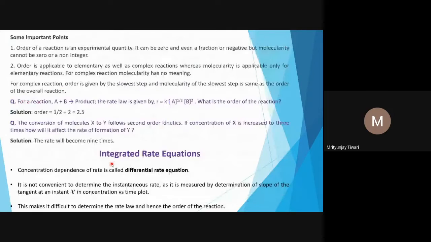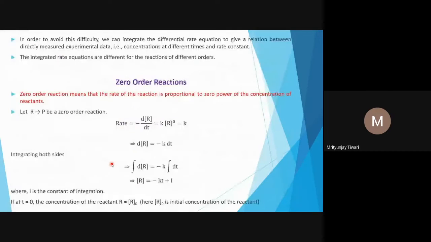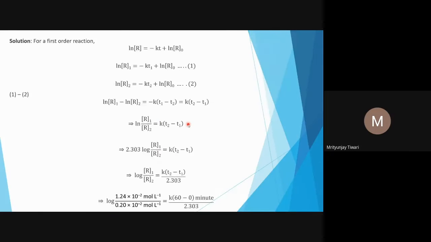So the rate of the zeroth order reaction is equal to k, and k is the rate constant. It means the rate is constant, so it doesn't depend on the initial concentration. Whatever concentration you choose, the rate is always going to be k. It is not going to change.